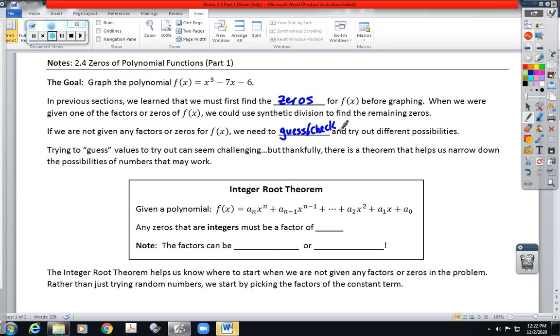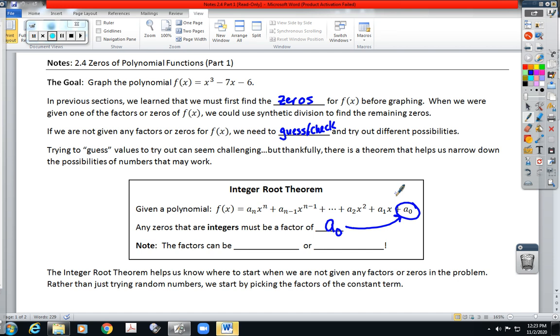That rule is shown here in the box called the Integer Root Theorem. Pretty simply put, no matter how big and how ugly the function is, and here it is written in generic form, ax to the n plus and so on, all the way down. Any zeros, any place where it crosses exactly on an integer, must be a factor of the constant term.